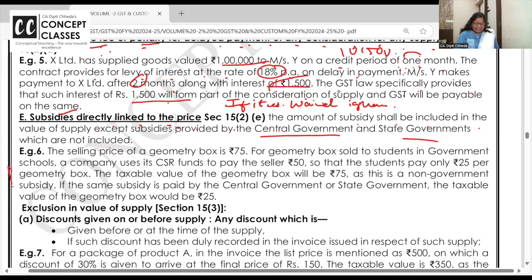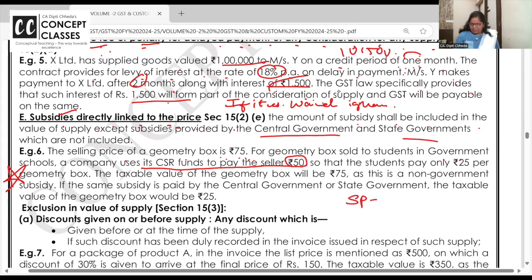This is a very nice example and similar can be asked. The selling price of a geometry box is 75. I am selling the geometry box at 75 to the students. A company is saying we will fund 50 rupees from our CSR. Every company has to do corporate social responsibility, so a part of net profit they spend for a good purpose. I am the supplier of the geometry box.